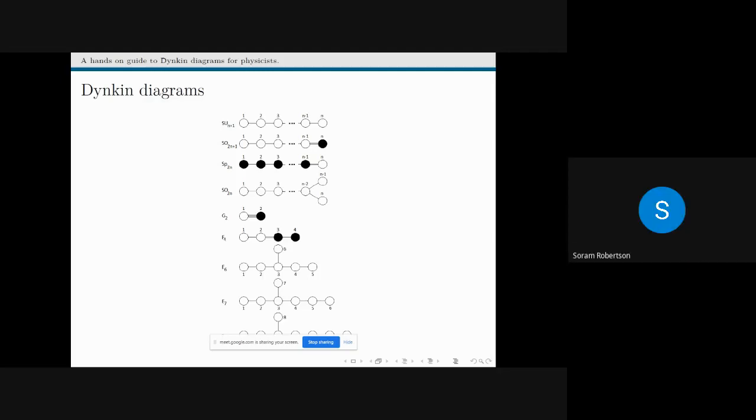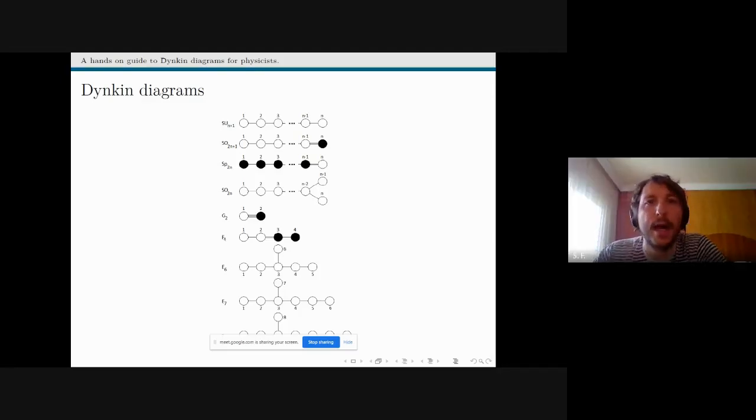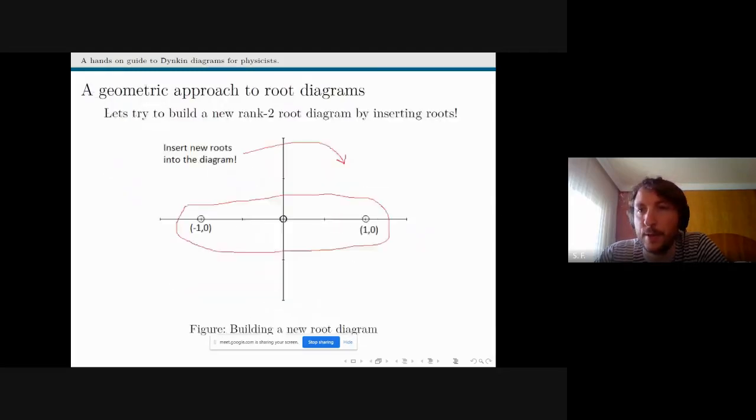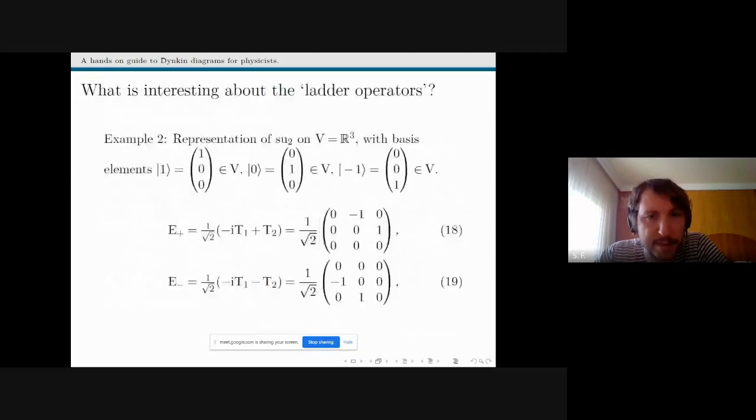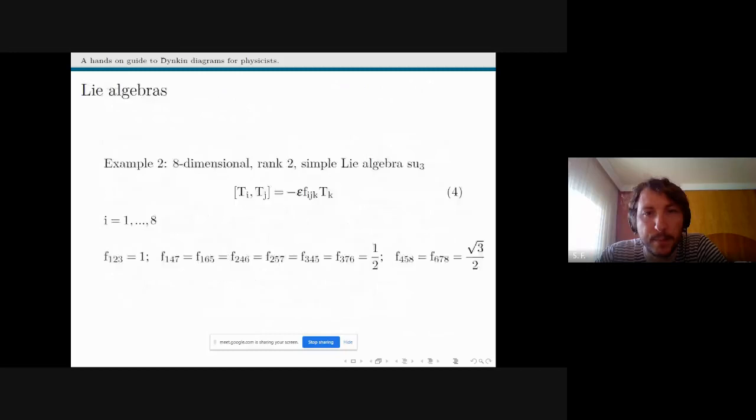You said that the direct sum of SU2 and U1 is non-semi-simple. Is it because U1 is not a simple Lie algebra? That's exactly correct. Mathematicians make definitions to make their lives easier.